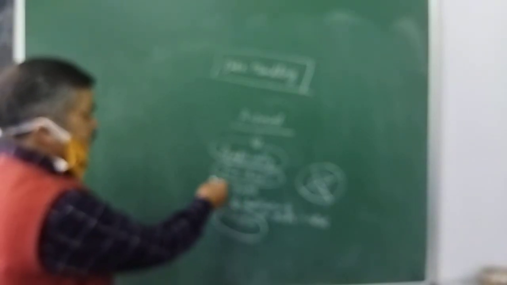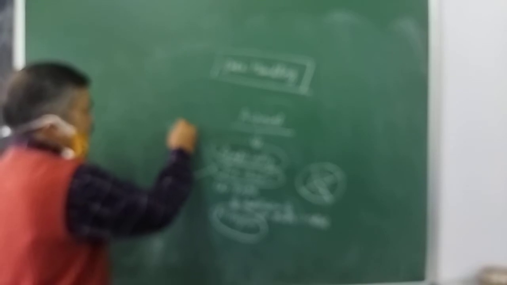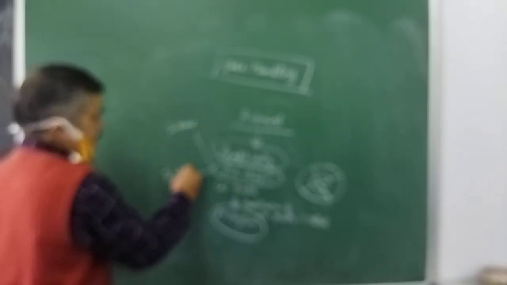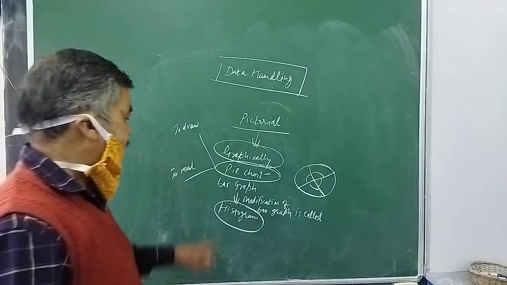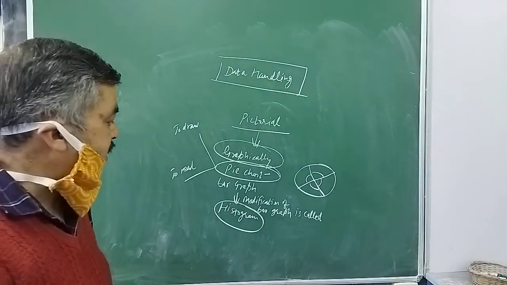You can also study the pie chart in two manners, to draw and to read. Either you can be asked to read the pie chart and answer from there, or you have to draw the pie chart from the given data. Then the bar graph, I hope you have done up to class 7.